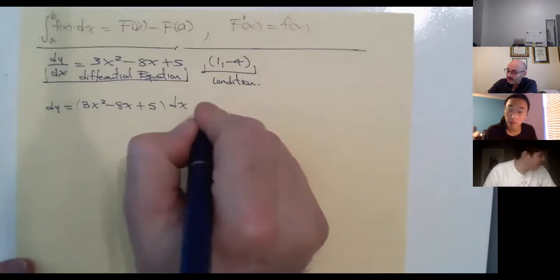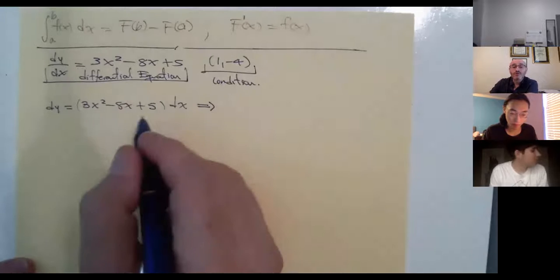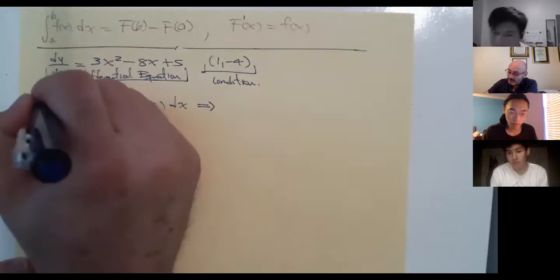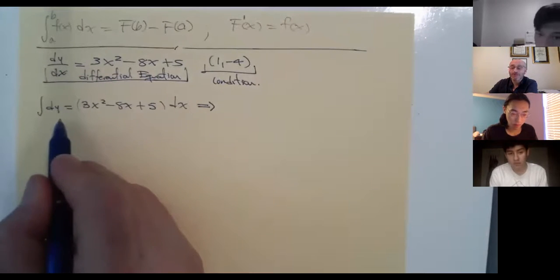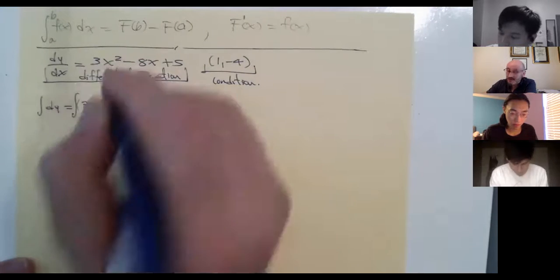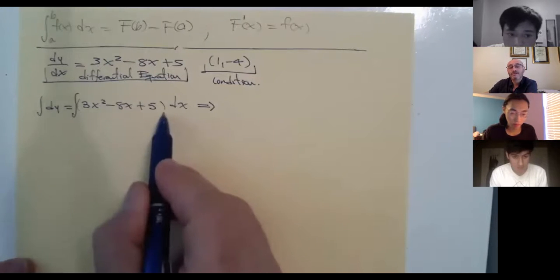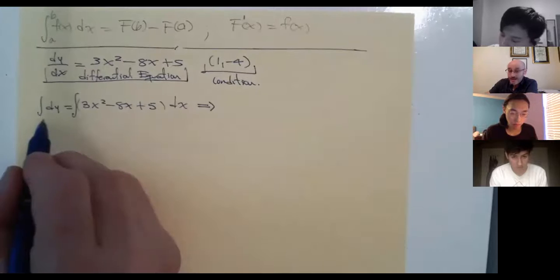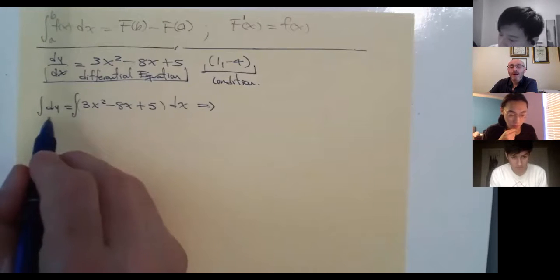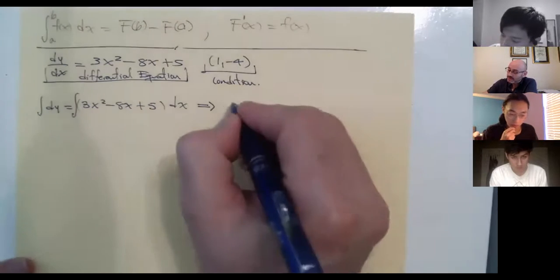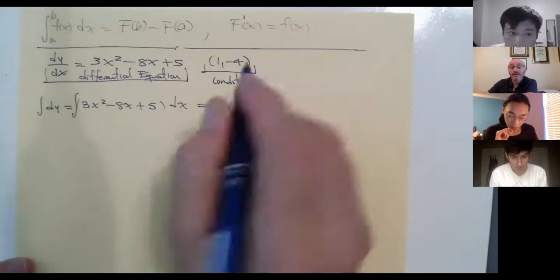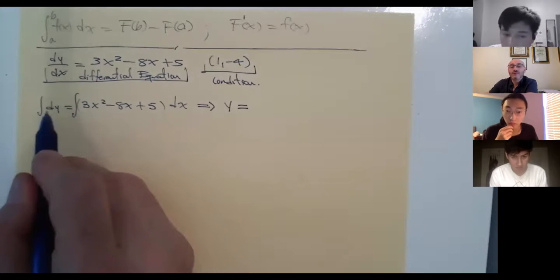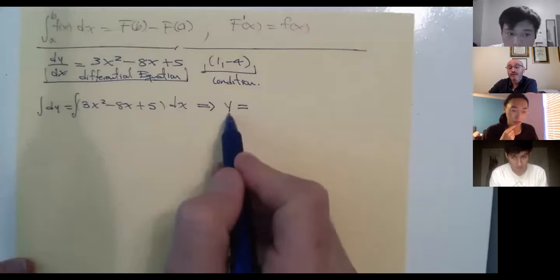And from here, we're going to integrate. We find the antiderivative of dy, which is what we're looking for, and that's just y.